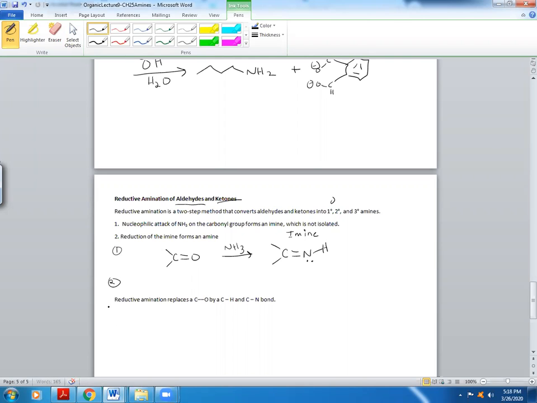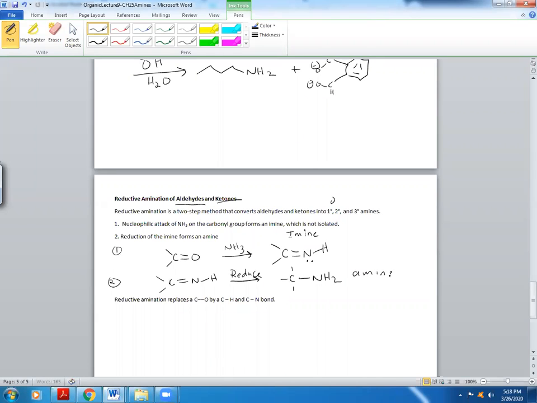Well, step two is a reduction. You reduce this. So what happens is you take this and you reduce it, and when you reduce it, you make an amine.